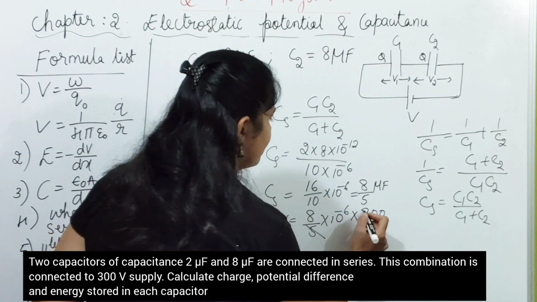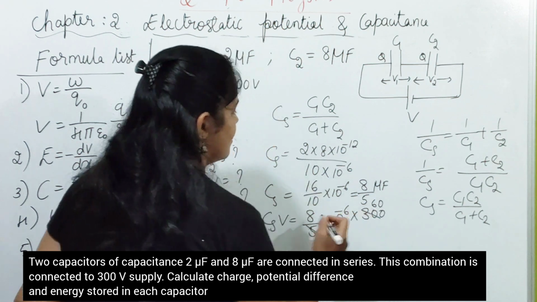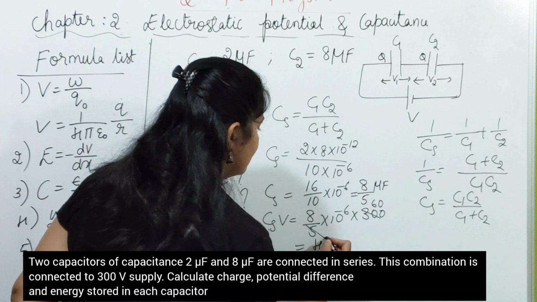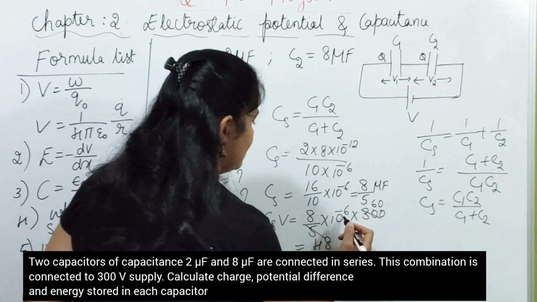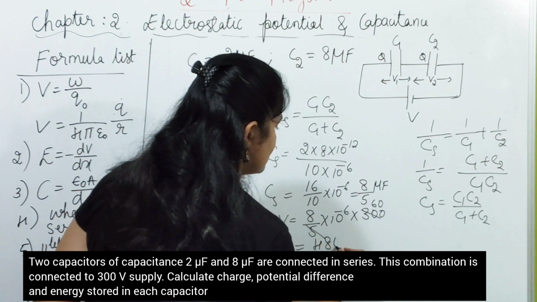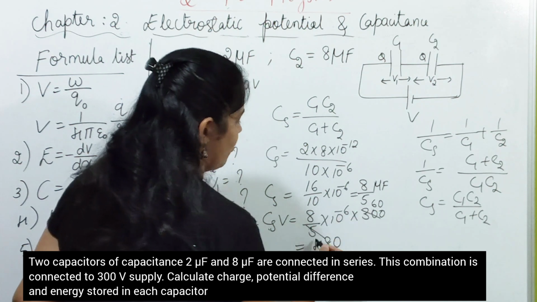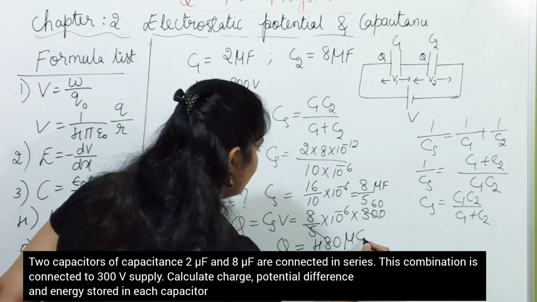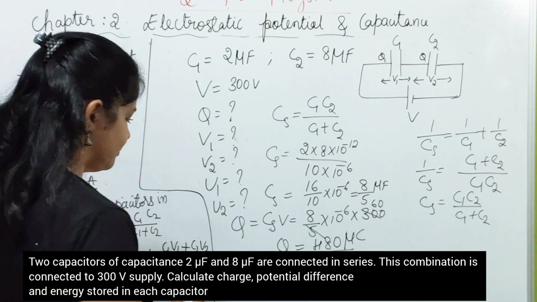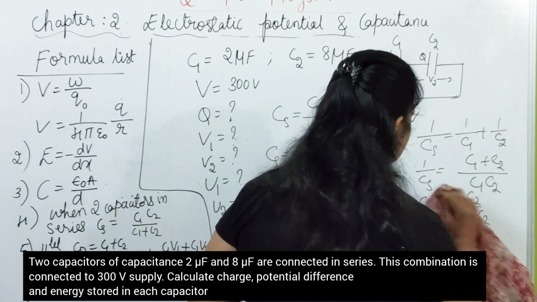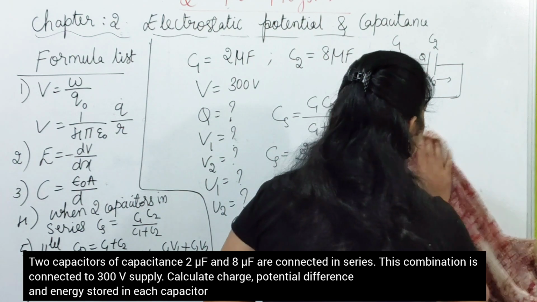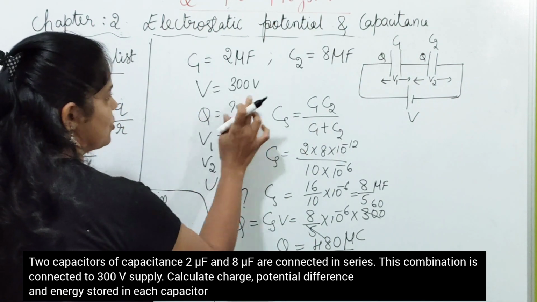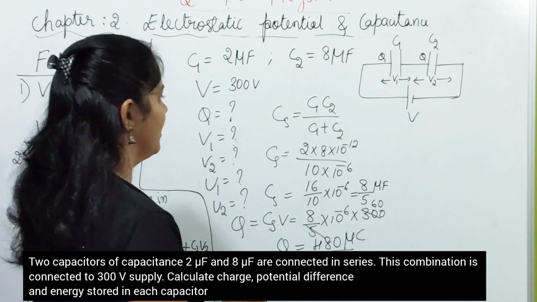So 5 ones are 5, 6, and here 6 8s are 48, and 10 to the power minus 6, so let us write 480. 8 6s are 48, 480 micro, so 480 microcoulomb. Then what is the answer to the first question? The charge on each capacitor is 480 microcoulomb.